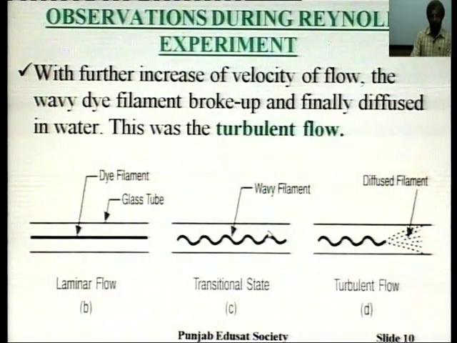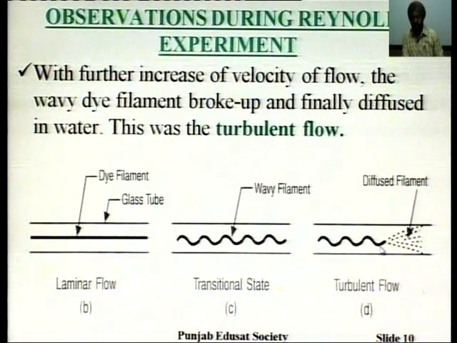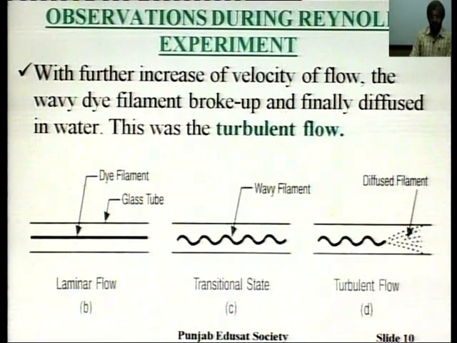Once again, with the help of the regulating valve, if we further increase the velocity of the flow, the dye filament broke up. As you can see here, the dye filament has broken up and it has finally diffused in the water. Here it is in the transitional state, but as soon as we increase the velocity of flow, the filament broke up and finally diffused in the water.